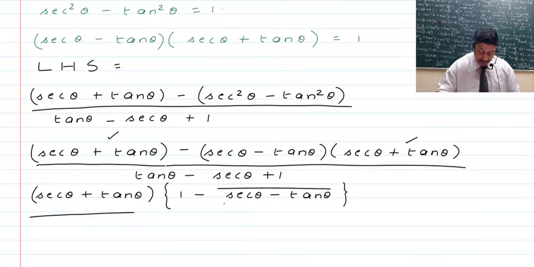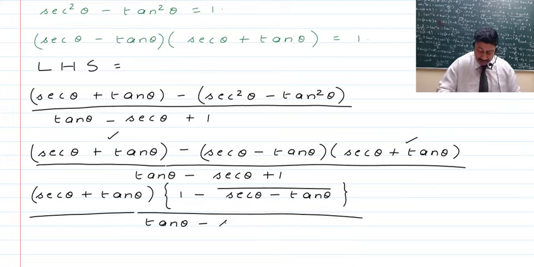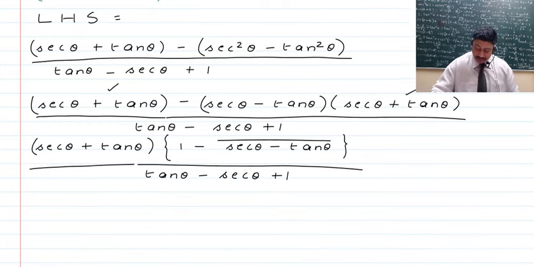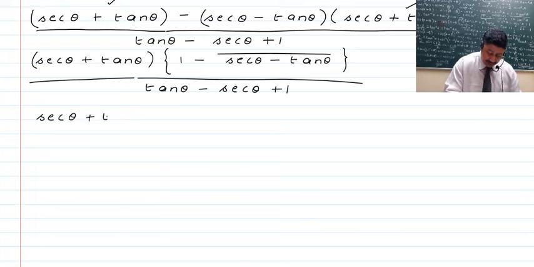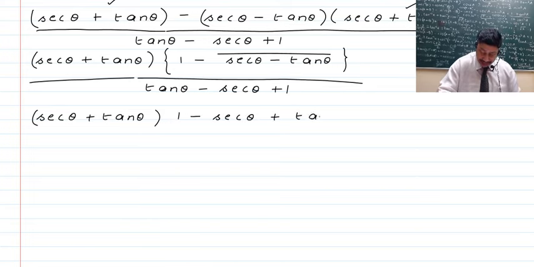And in the denominator you will now have tan theta minus sec theta plus 1, right? Now further children, next what we do is, we multiply the minus sign within the bracket. As such, we have sec theta plus tan theta outside, and inside we have 1 minus sec theta plus tan theta. That is the minus sign multiplied inside, as simple as that.